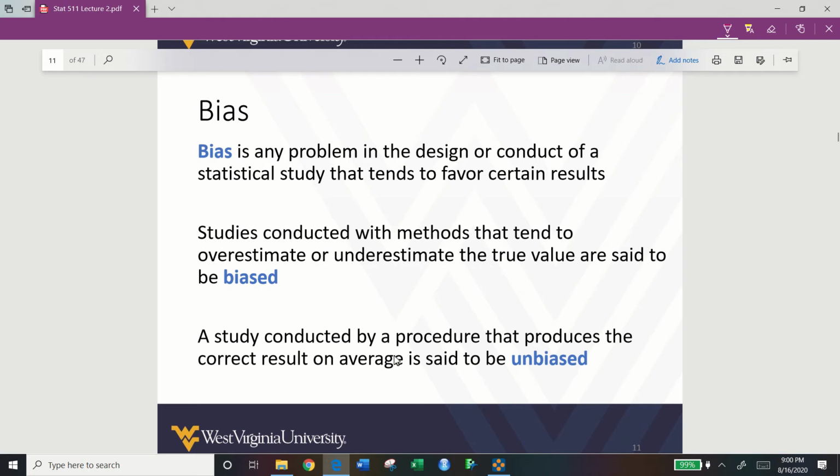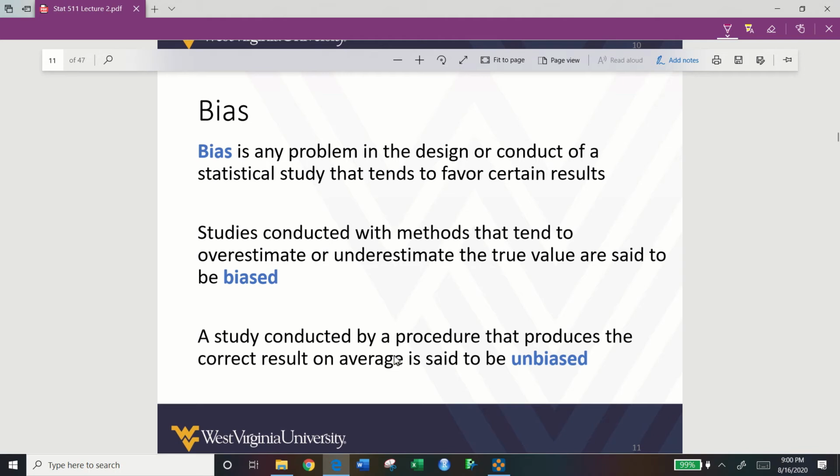So talking about an example of biased sampling when it comes to voting and polls. We know that certain parts of the United States tend to favor certain political groups. For example, California tends to be very supportive of Democratic candidates, where Texas tends to be very supportive of Republican candidates.